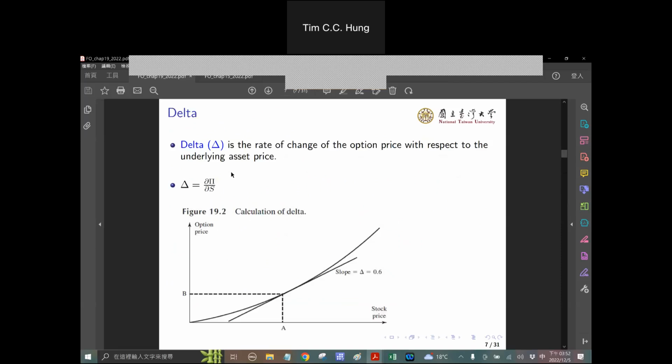For delta hedge to work perfectly, it has to be the case that whenever you deviate from point A to this, you instantly change your delta positions accordingly. So it changes at any instant second.